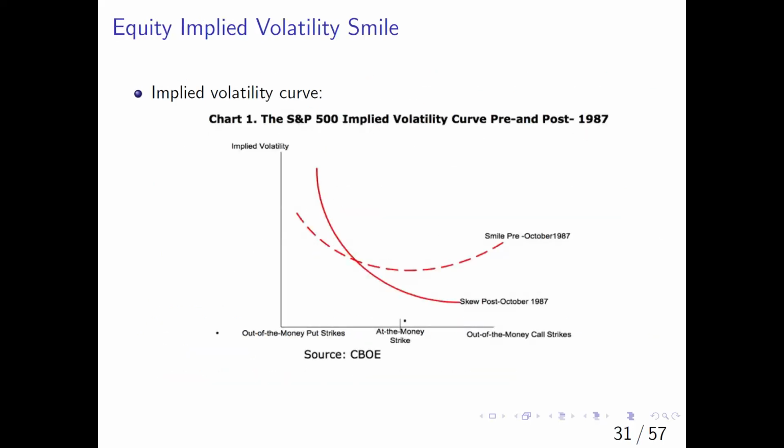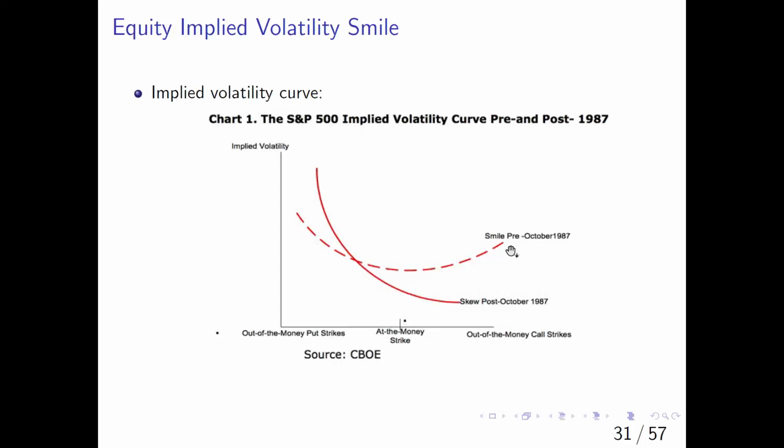You see here, this is a plot I got from some textbook: the S&P 500 implied volatility curve pre and post 1987.